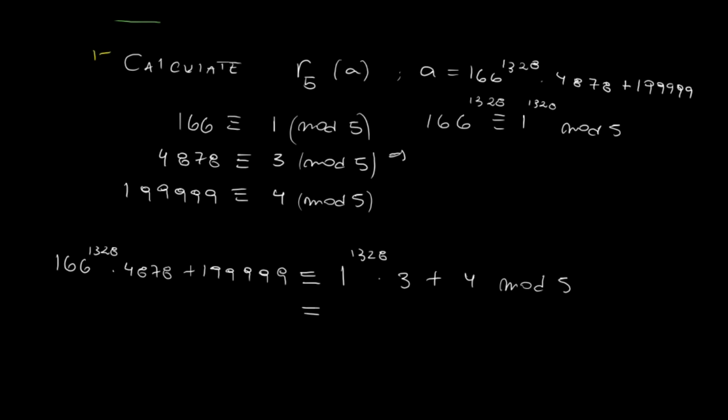This would be congruent to 1 times 3 plus 4 is 7 modulo 5. And 7 modulo 5 is the same as saying 2 modulo 5. This tells us that the remainder of dividing by 5 this number A is 2.